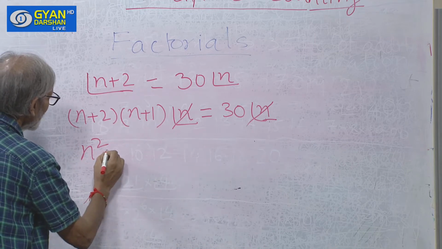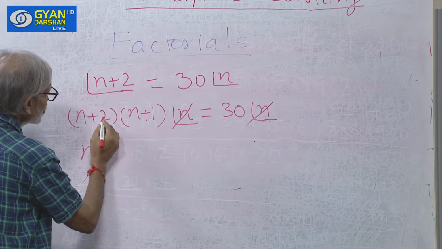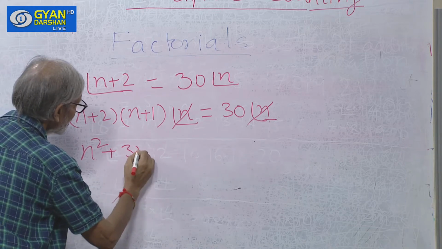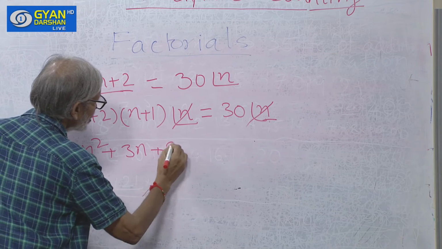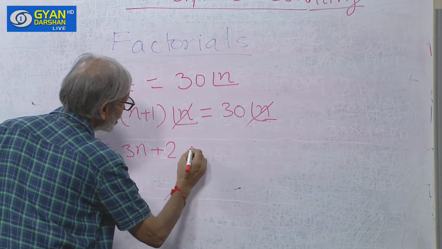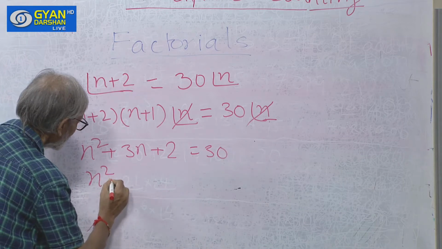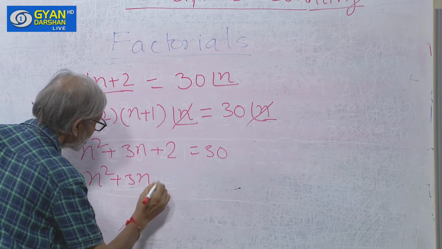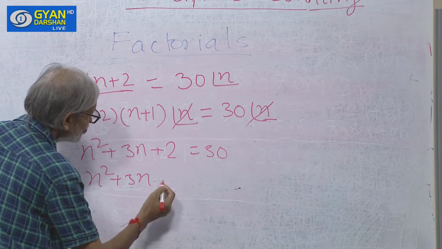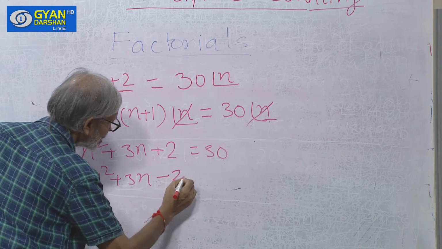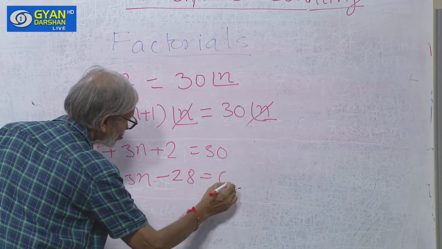So, it will become n square plus 2n plus n plus 2 is equal to 30, which will be equal to n square plus 3n plus 2 equal to 30, and this 30 comes to the other side, so this will become minus 28 is equal to 0.